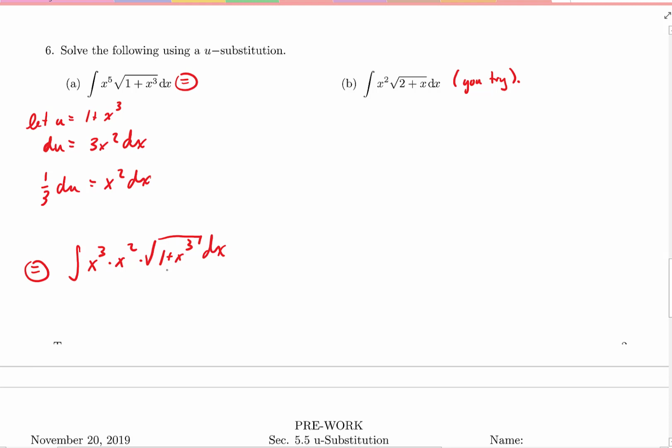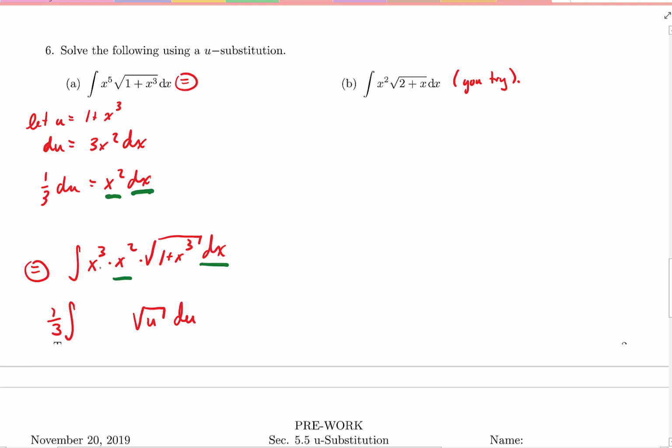So let's see here. I'm going to put a u here, so we can start the substitution. And look, here I've got a factor x squared times a factor differential x. So I can replace this factor x squared and this factor differential x with 1/3 differential u. We'll just go ahead and pull that constant out. That's the differential u. But we still have this x cubed yet to account for.